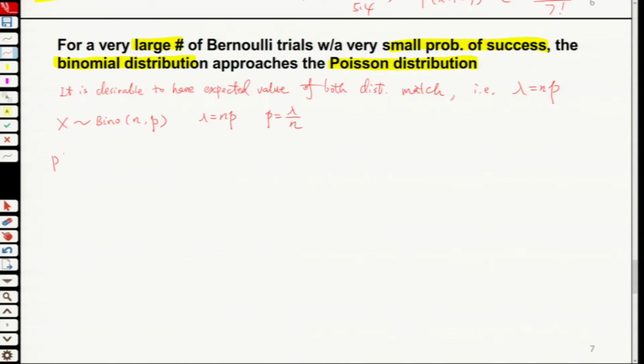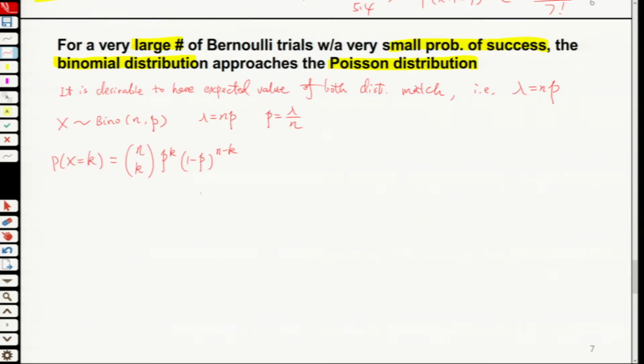So what is the probability X equals k for the binomial distribution? It's actually n choose k, then you have p^k, (1 minus p)^(n minus k). Because this is n trials, and you have k successes, right? So that means you have a very large number of n trials, and you have k successes.